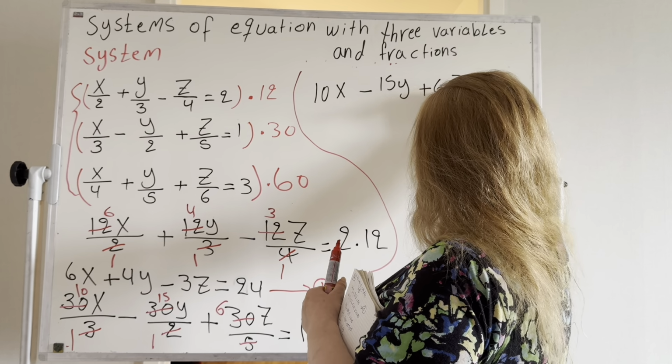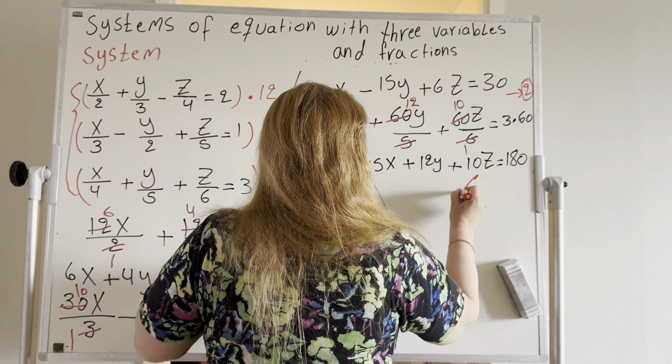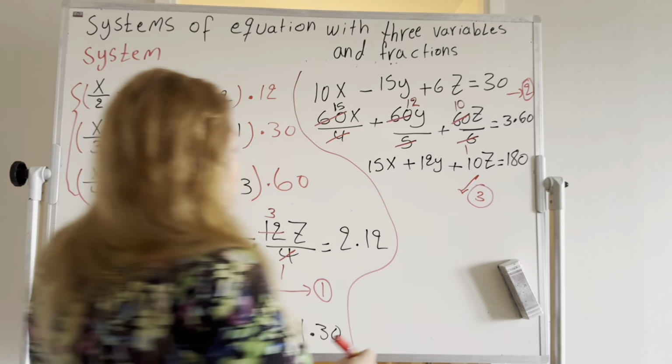And 3 by 60 is 180. So the third equation is 15x plus 12y plus 10z equals 180. This is the third equation.